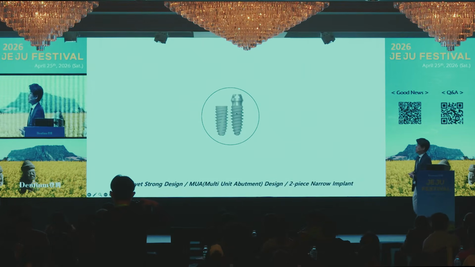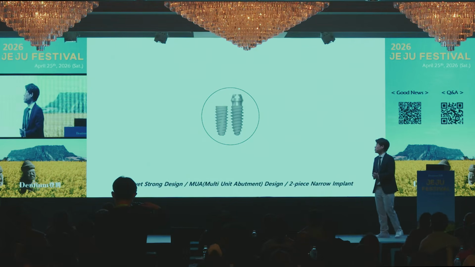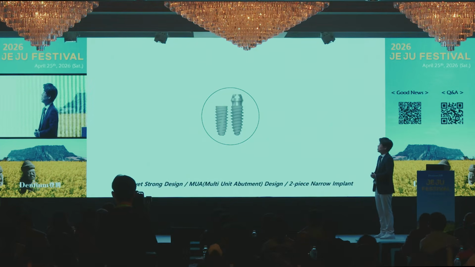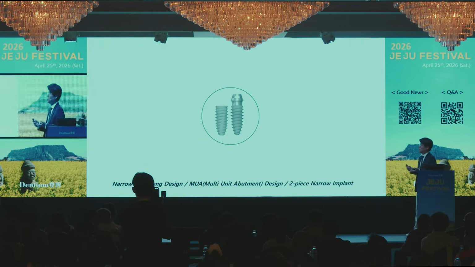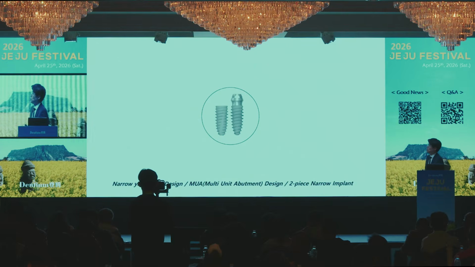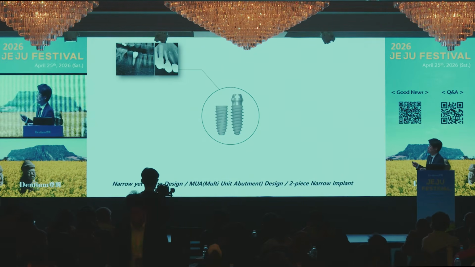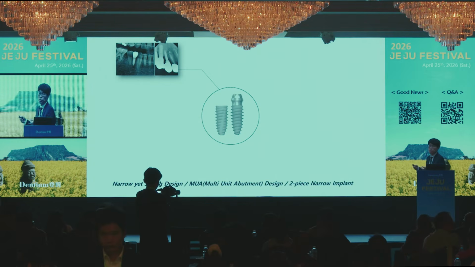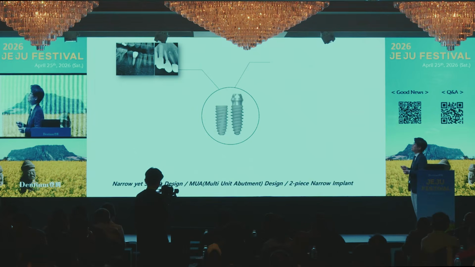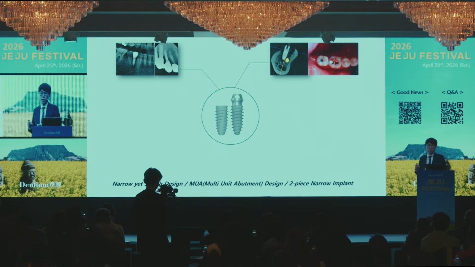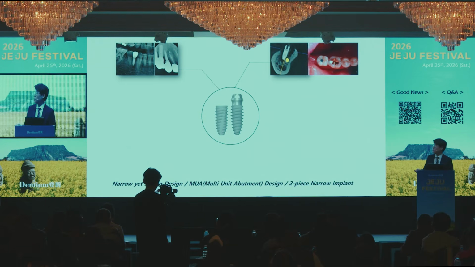In my daily clinic, today we learned about many presentations. Through those presentations, we learned that simple implant placement is very useful. And I also like to use this narrow implant, like the Bright Tissue Level, because narrow is very strong. So we can place it in very narrow spaces. And also, sometimes the inferior alveolar nerve is very close, and it's very hard to place even a short implant.